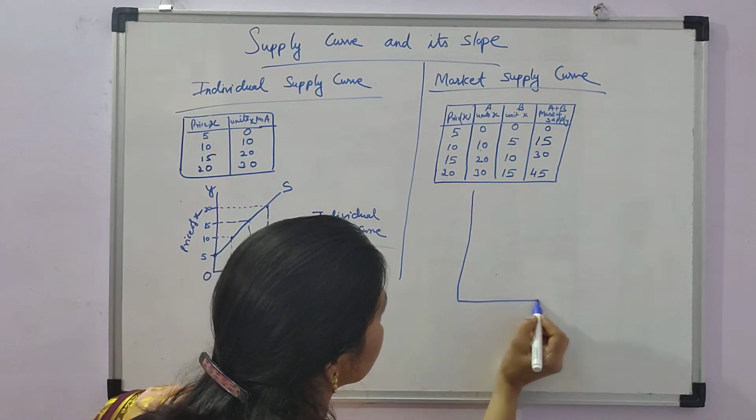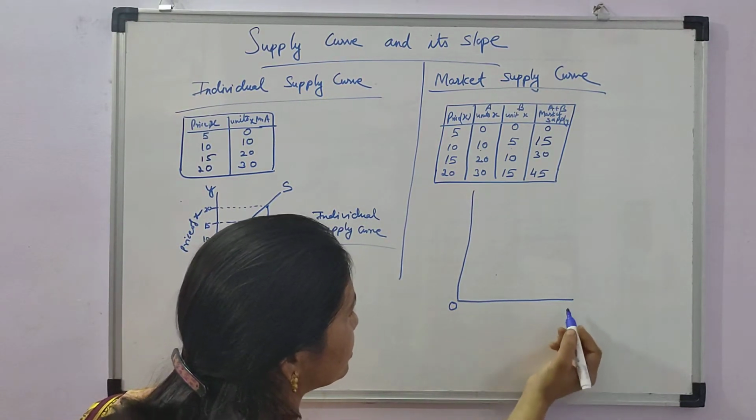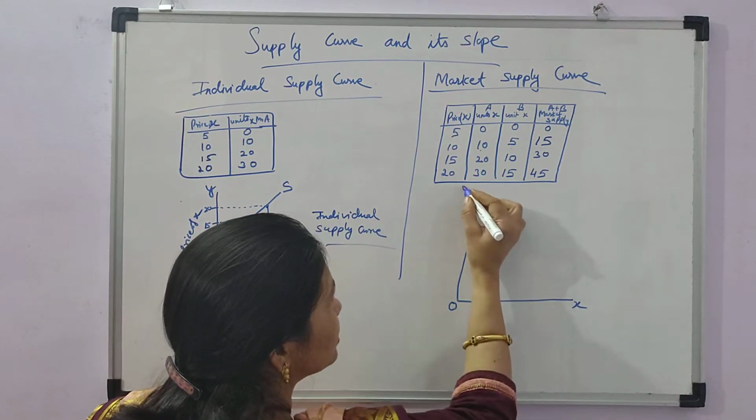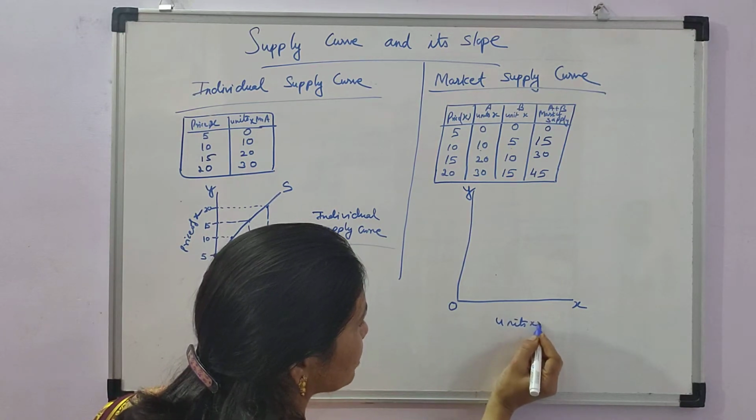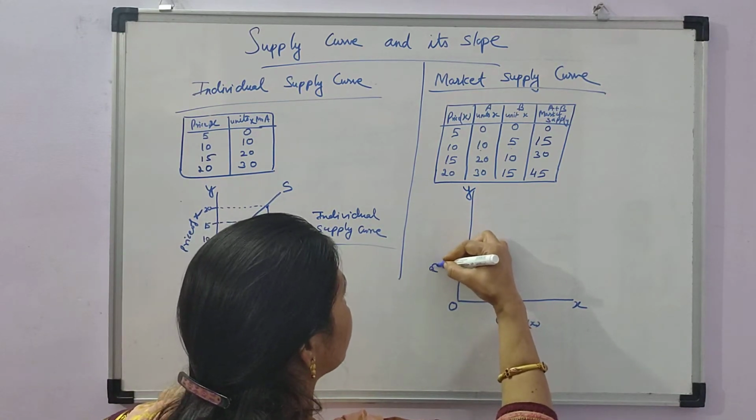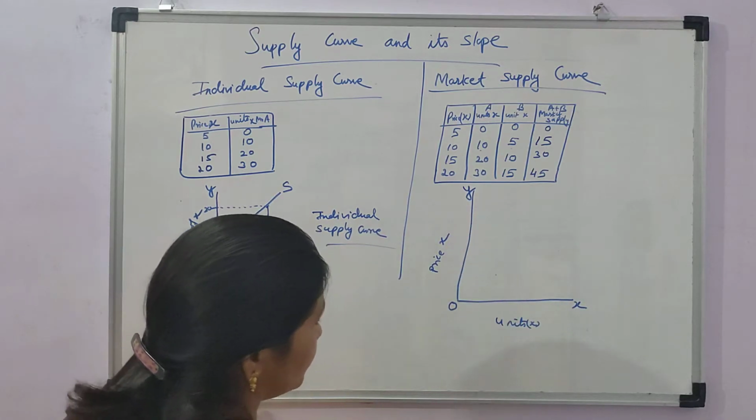Market supply curve, you know students, is the supply of many producers or two producers. So you have plotted the x-axis and y-axis. On the x-axis we will plot units of X commodity, and here we are plotting the price of X commodity.